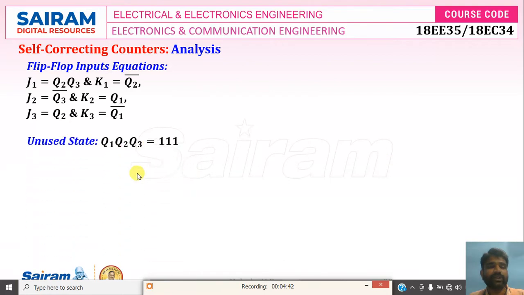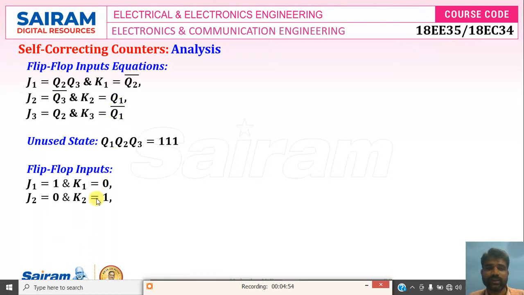Similarly, analyze the unused state 111. Here J1 is 1, K1 is 0, J2 is 0, K2 is 1, and J3 is 1, K3 is 0.